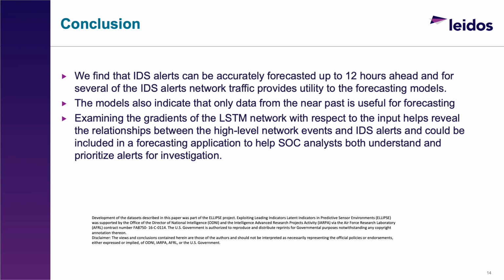Also, only the near past is useful in forecasting anything into the near future. And when we look at the gradients of this LSTM network, it may help you gain some insight into what kind of network traffic is driving these alerts.